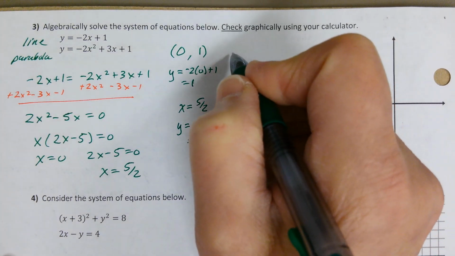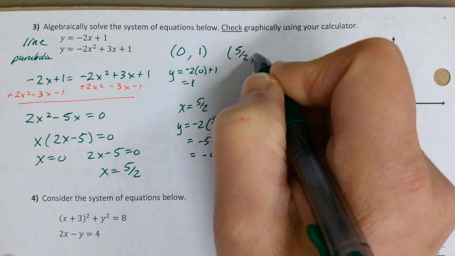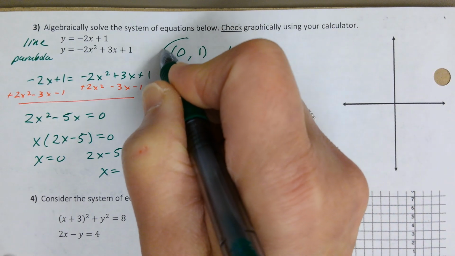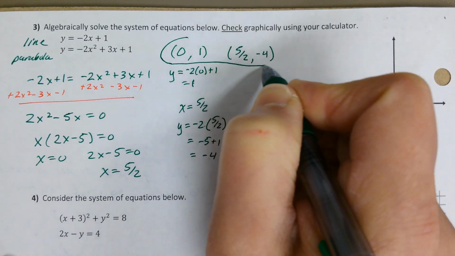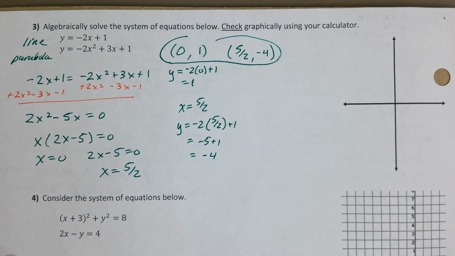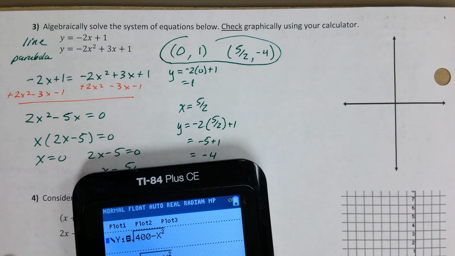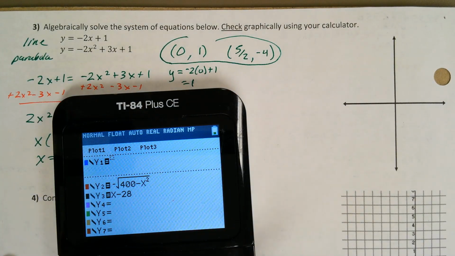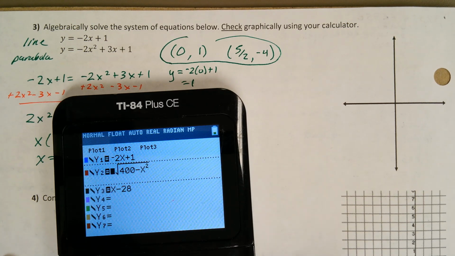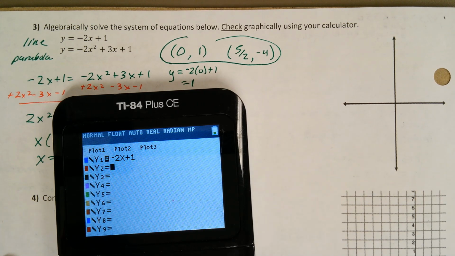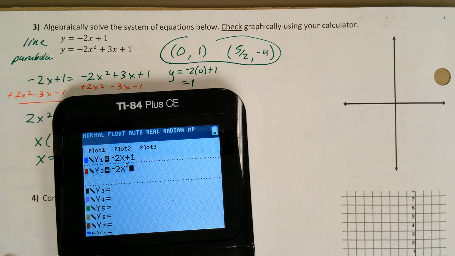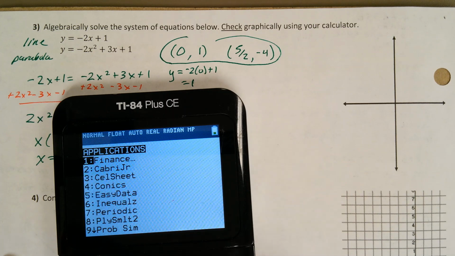So 0, 1, and 5/2, negative 4. There are 2 solutions. Go to your graphing calculator. Our line, negative 2x plus 1. And our parabola, negative 2x squared plus 3x.